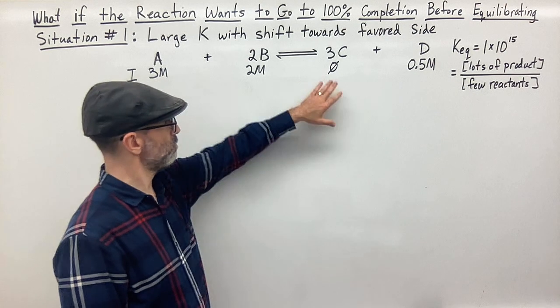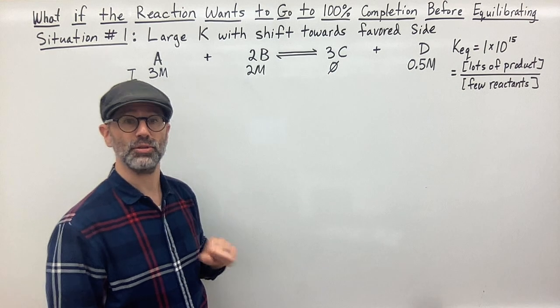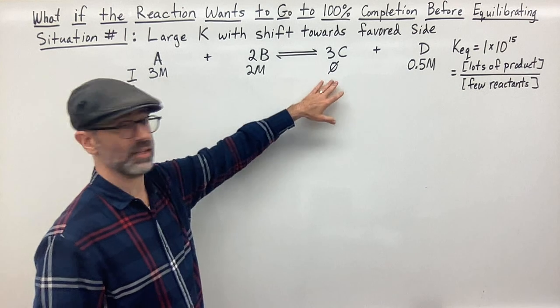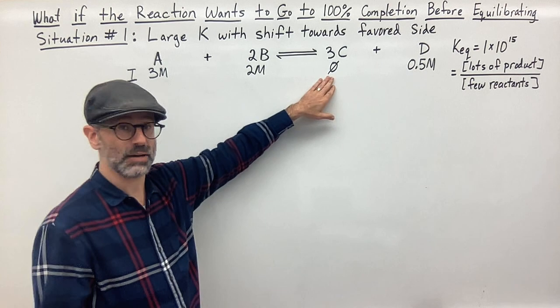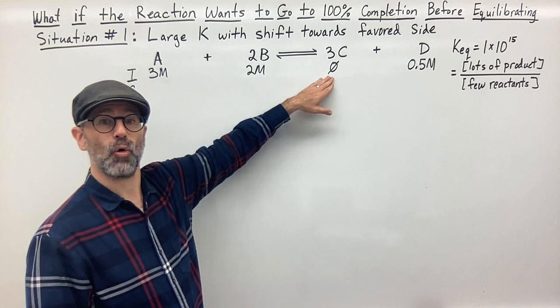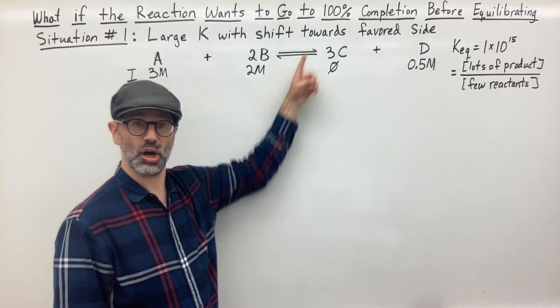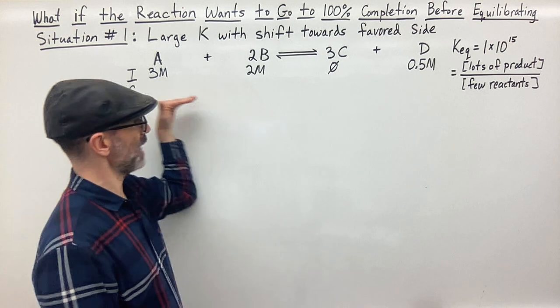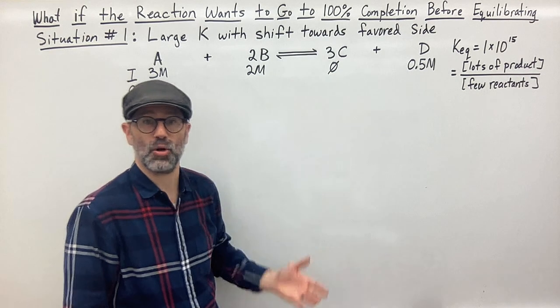Now, keep in mind, we have to figure out our Q value. If we put in the values for Q, we'll find that Q is 0, and therefore it's going to shift towards the product. From 0 here, we know that it has to shift towards product to make product. You can't have 0 product.